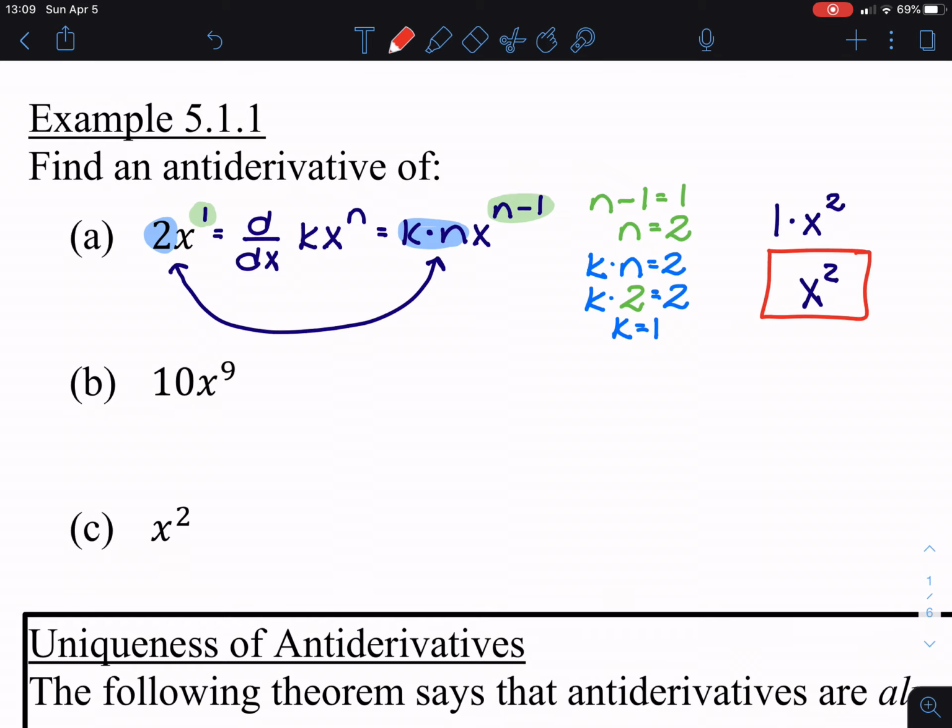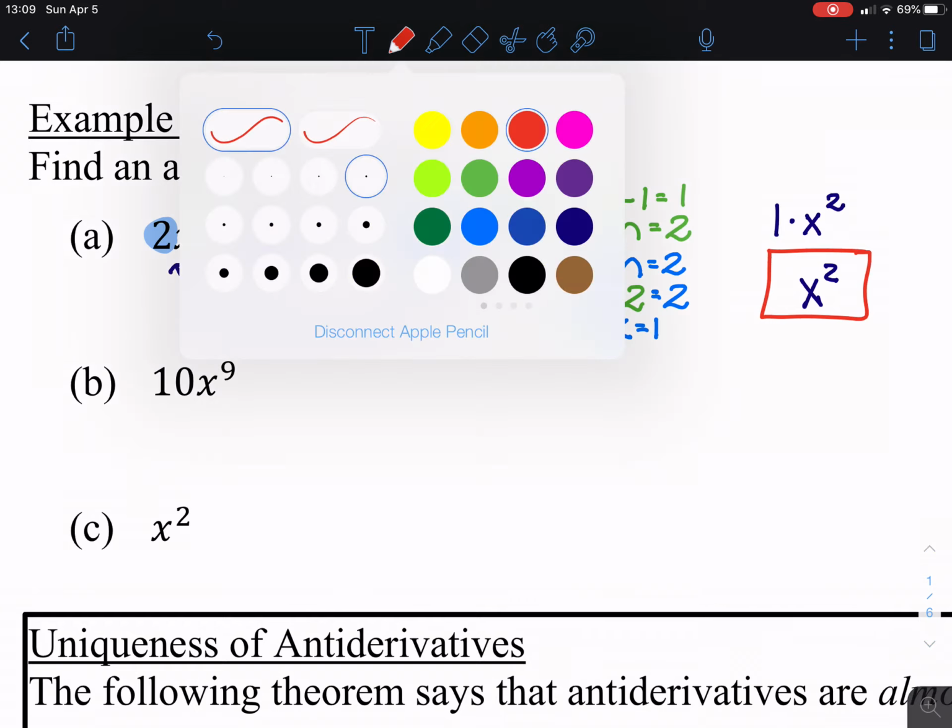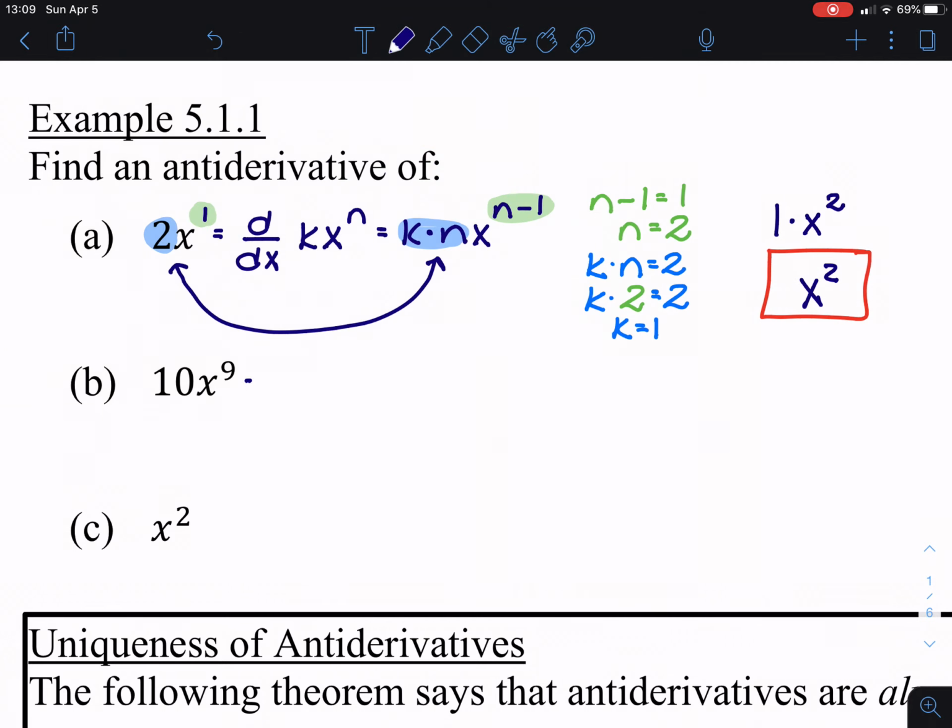Now I have 10 times x to the 9th. This is another situation where I know this is a power rule because I have a variable raised to a power. If I take the derivative of some k times x to the n, I get k times n times x to the n minus 1.